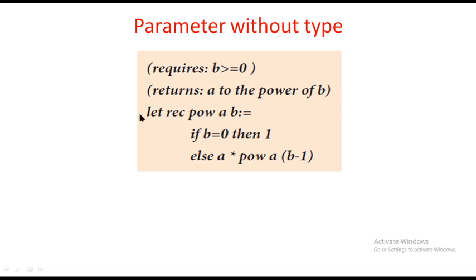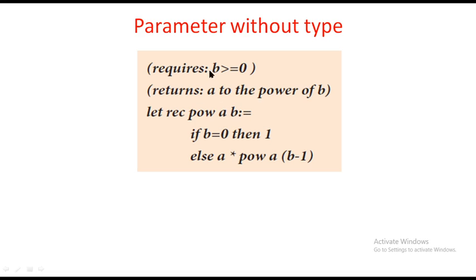So here this one is known as syntax, and this line is known as function for this syntax. If the function is followed by the keyword rec, that should be known as recursive function, and after that it should be followed by the name of the function and the parameter. Here there is no type for this parameter, which means there is no data type for this variable. That is what is called parameter without type.